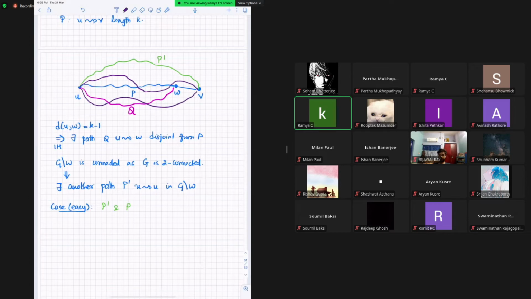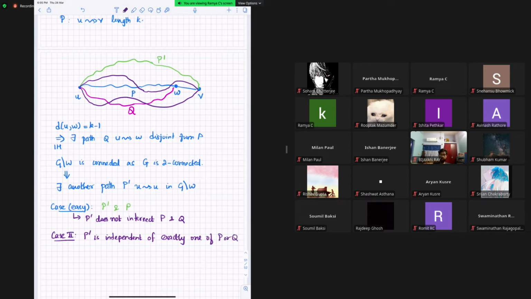The first case was when P prime does not intersect P and Q. So the second case is when P prime is independent, or disjoint, of exactly one of P or Q.